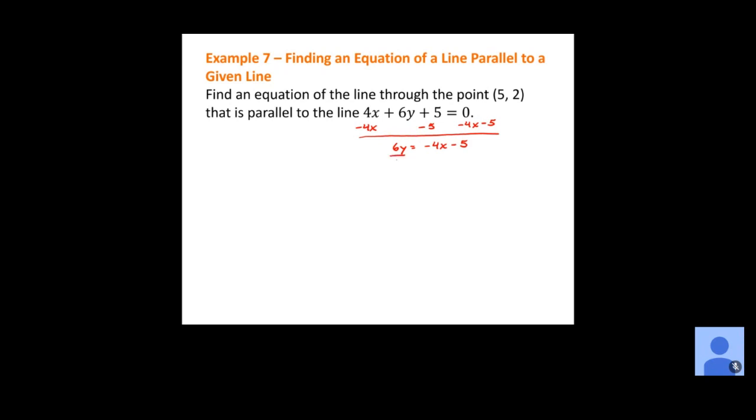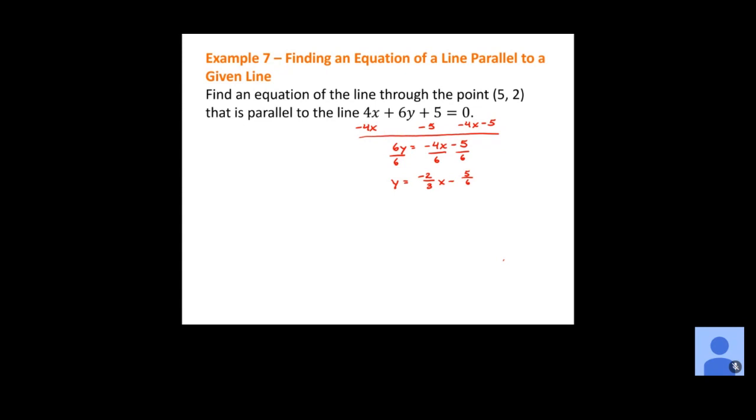Good, divide by the 6. Make sure when you do that, we're dividing every single term by 6. So now we have y equals, what's -4x over 6 going to give us? Good, -2/3 x. And then -5 over 6 is just -5/6.